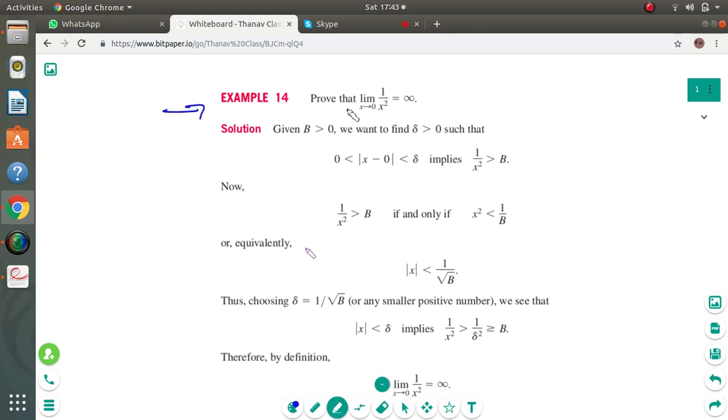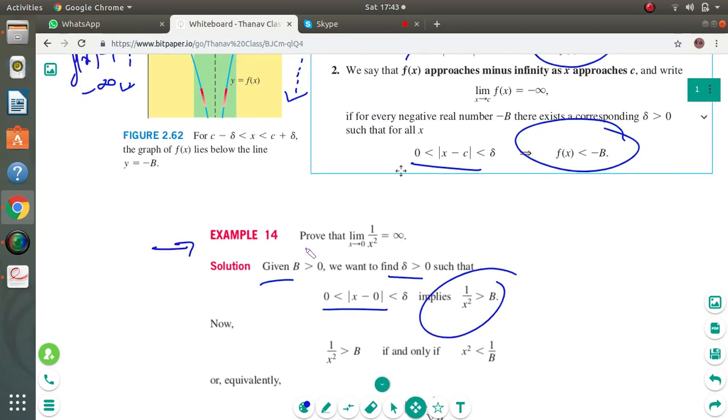Example 14 now. To prove that the limit as x tends to 0 of 1 by x^2 equals infinity. Given is b greater than 0. We want to find delta greater than 0 such that 0 less than modulus x minus 0 less than delta implies 1 by x^2 greater than b.